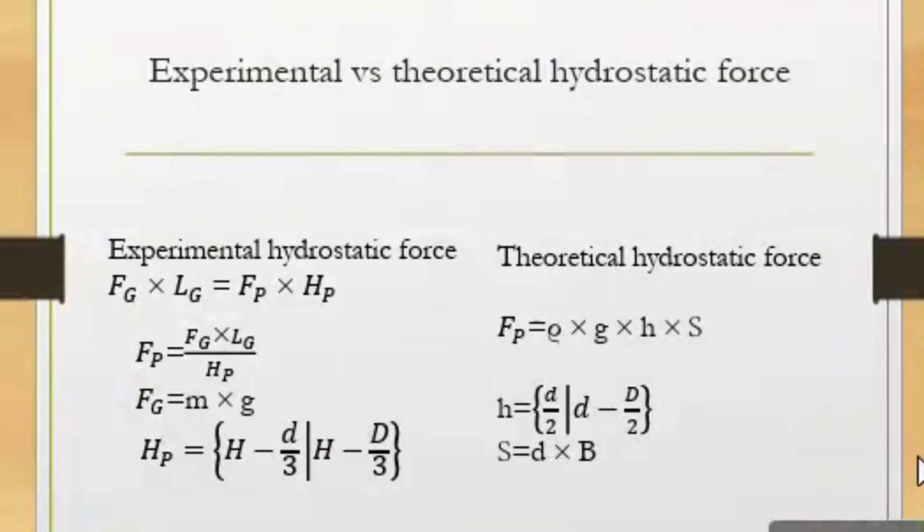Later on, in this slide, we can compare how to calculate the experimental hydrostatic force and the theoretical hydrostatic force. As I mentioned, we have two different approaches for the experimental and the theoretical one. In the case of equilibrium between the hydrostatic force and the gravitational force of the masses, here is the expression which dictates the equilibrium.